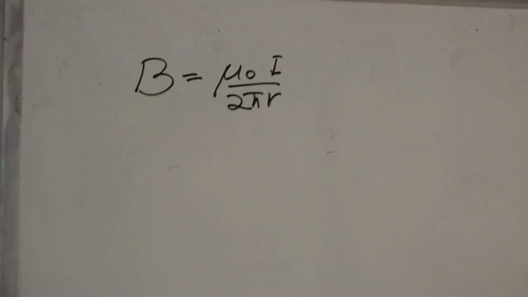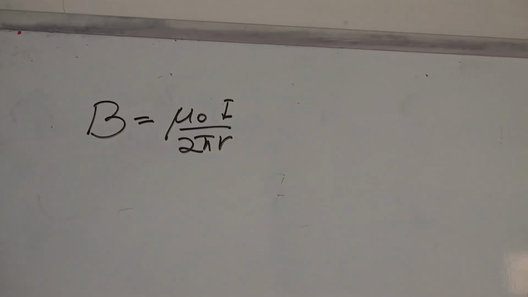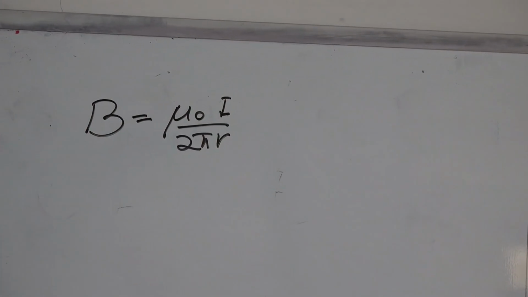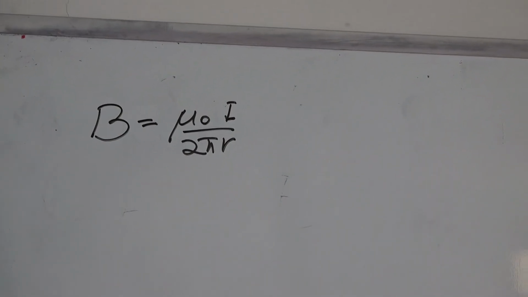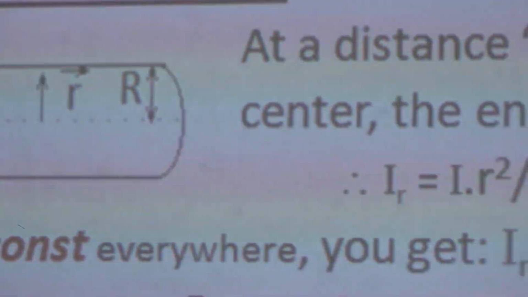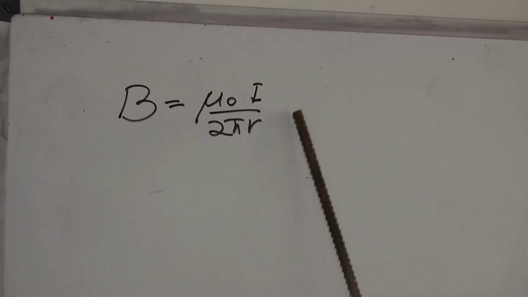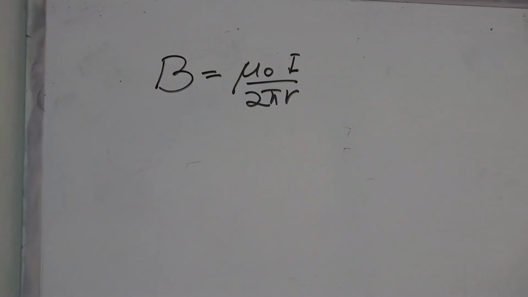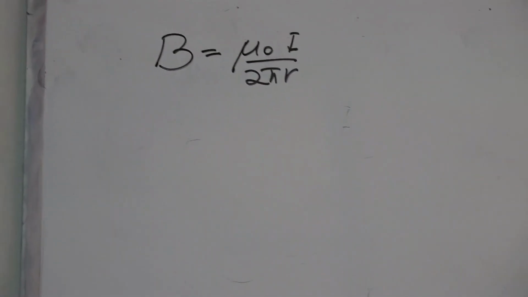But the problem is now, we have a thick wire. You are, let's say, somewhere inside the wire at some distance r, as you can see here. And the radius of the wire is something different. In that case, what will you use for I, and what would you do for r, and how do you get B? There is another formula which you have to apply.